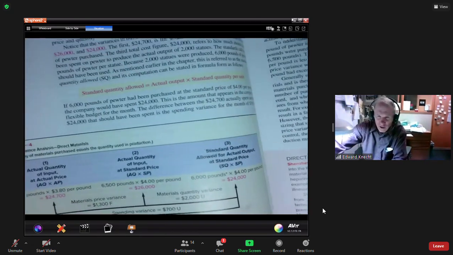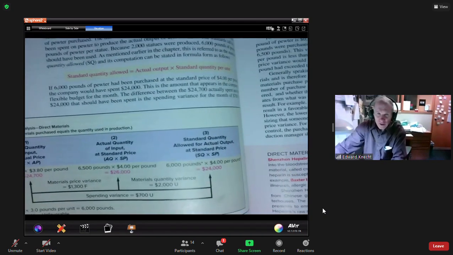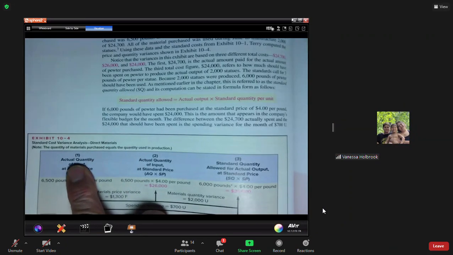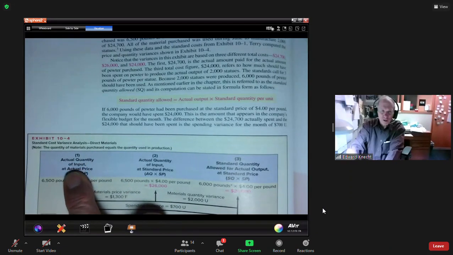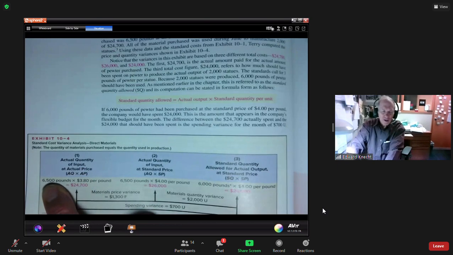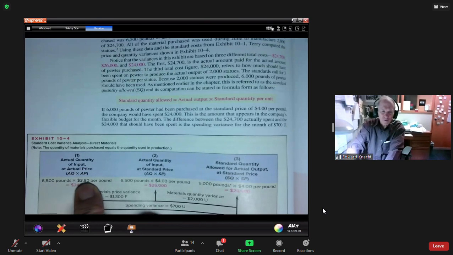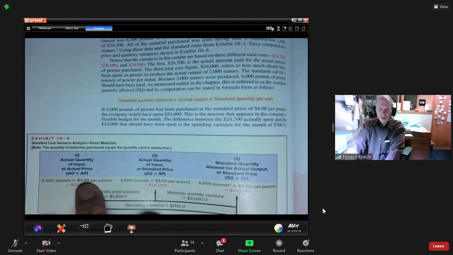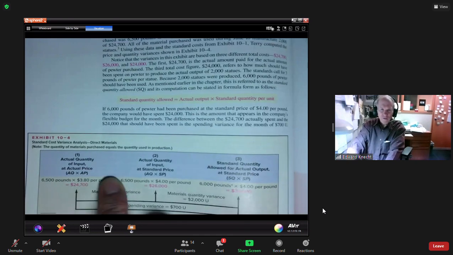Oh, that lousy camera. It's not helping me here. Here it is for direct materials. See, direct materials, the actual quantity of input at the actual price. So they bought 6,500 pounds at $3.80. That's the actual amount that they purchased. That's the actual price. So you got 24,700.